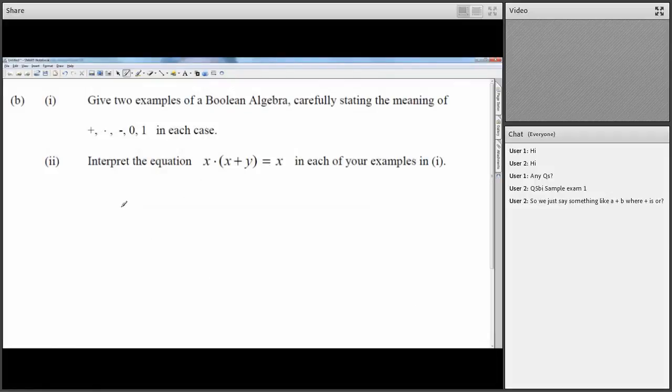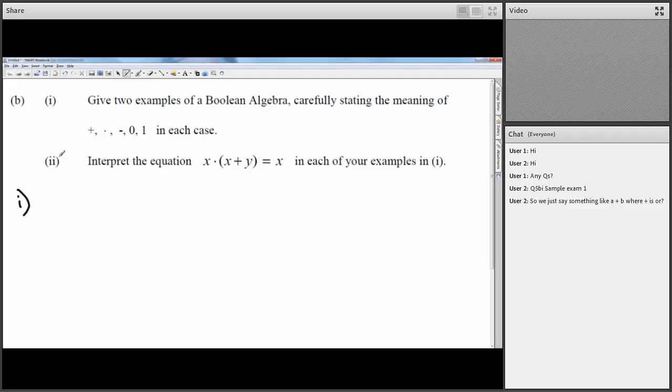Some other question that Dylan here has got is question 5 from sample exam 1, and it says give 2 examples of a Boolean algebra. So a Boolean algebra basically is some sort of pattern, and you need to identify what the pattern is and how something matches it.